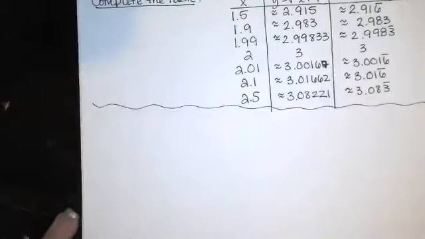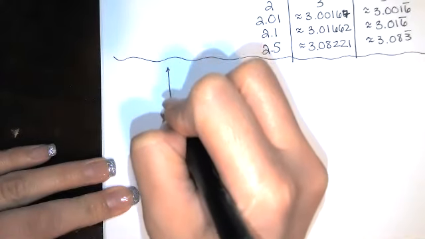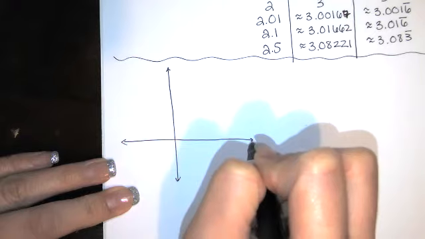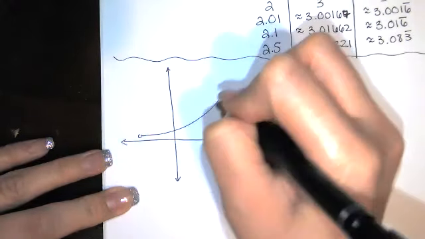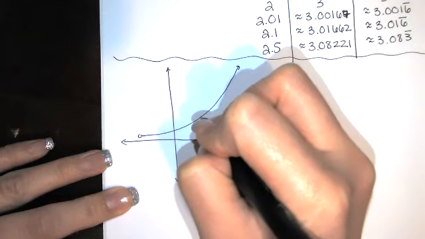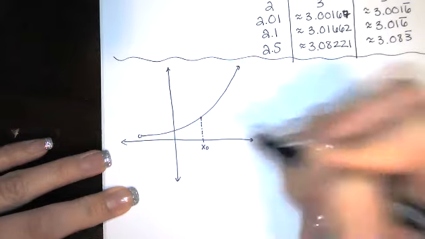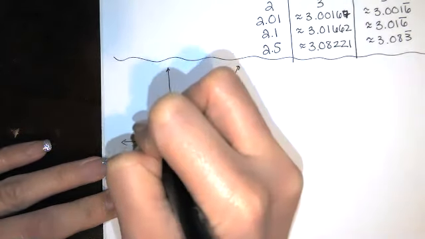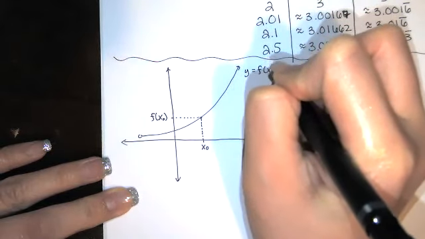Now, when I use the tangent line to approximate my function, there's always a little bit of error involved. So maybe our function looks like this. Maybe this is x equals x naught. This is the y value that goes with it. We'll call that f of x naught. This is y equals f of x.